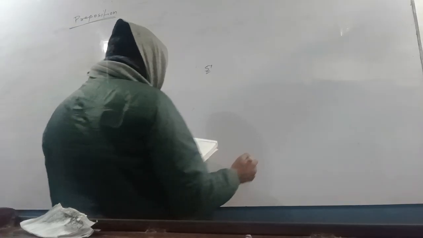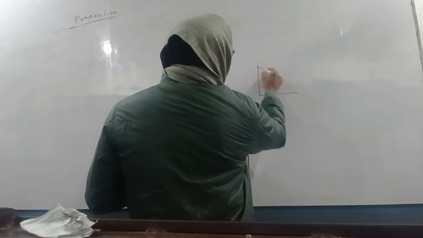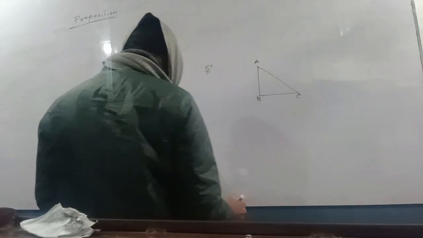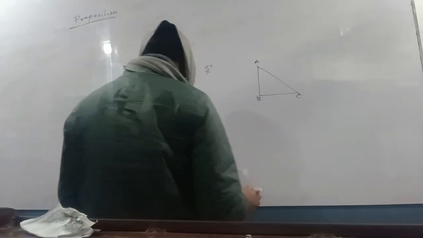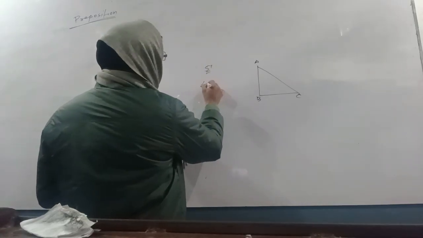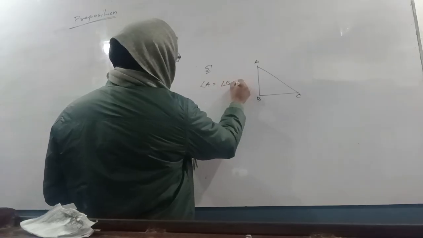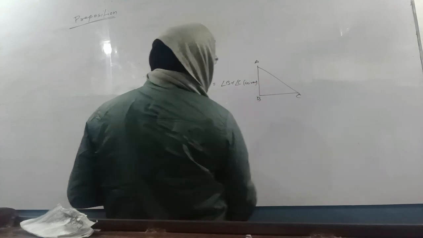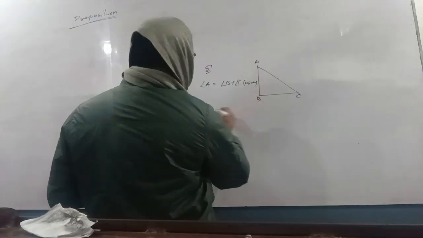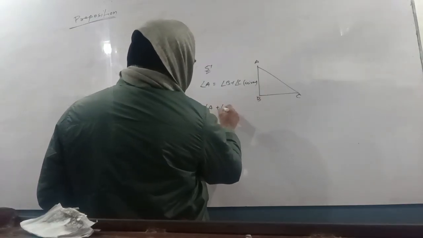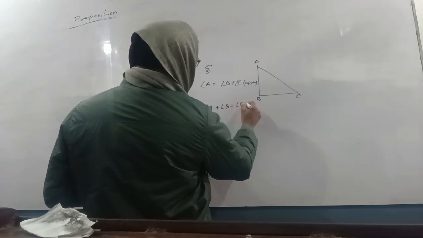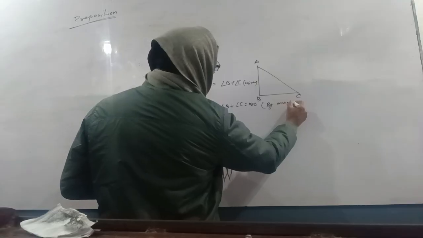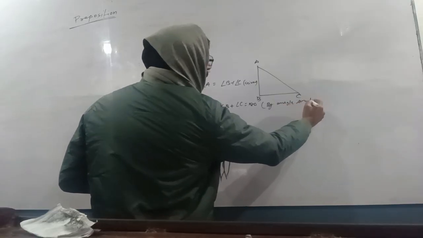In triangle ABC, given angle A is equal to angle B plus angle C. So angle A plus angle B plus angle C is equal to 180 degree by angle sum property.